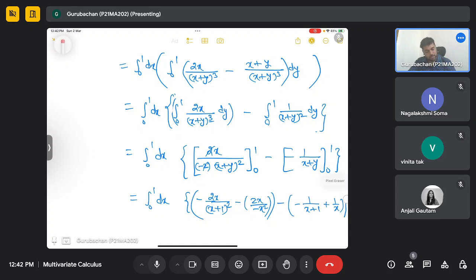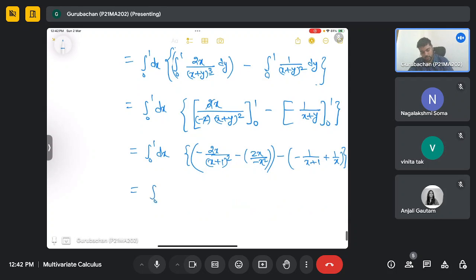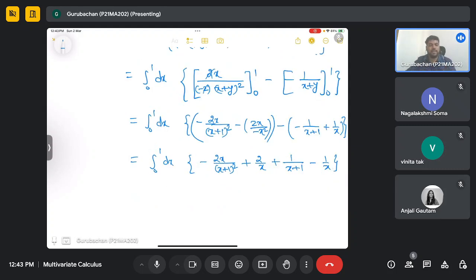So we will get this value: 0 to 1 dx of minus 2x by (x plus 1) whole square, plus 2 by x square, minus 1 by (x plus 1), plus 1 by x. We will get this value for the first part of this integration.